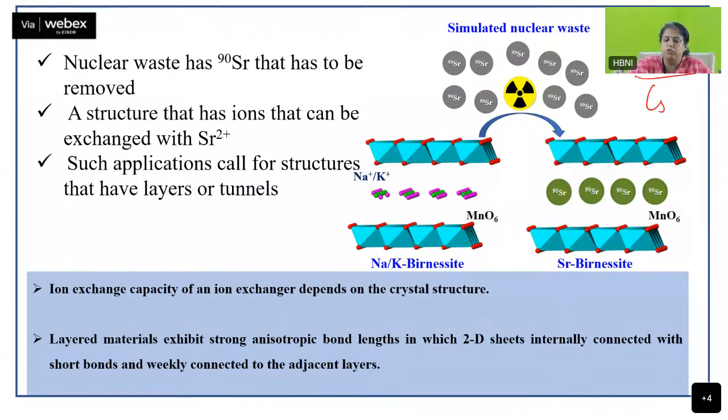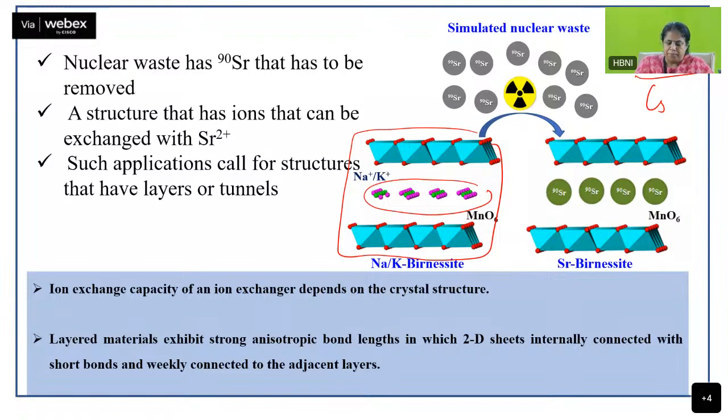Now I want to remove strontium 90. If I have a layered material which has sodium ion, which is harmless, in between the layers, and suppose the structure is such that it is ready to let sodium ion go away, and it has the affinity for strontium ion such that it does not release strontium ion once it has taken it up, then that can be used as an ion exchanger for taking up strontium from the waste stream.